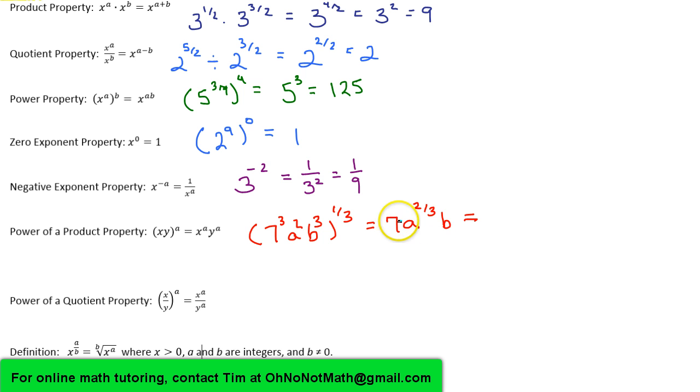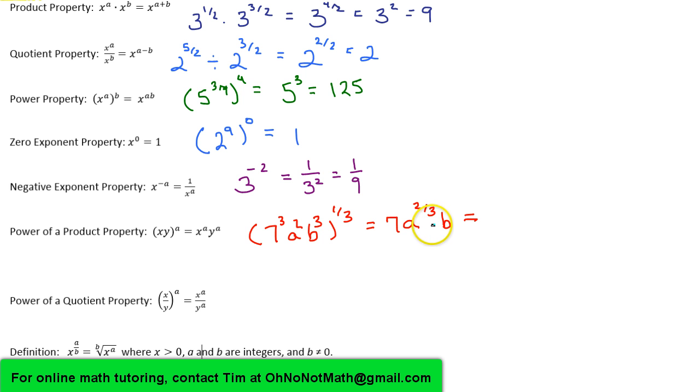Now I'm going to simplify this further by using this definition, which basically says that x raised to the power of a over b equals this radical expression with x raised to the power of a in the radicand and with an index of b.